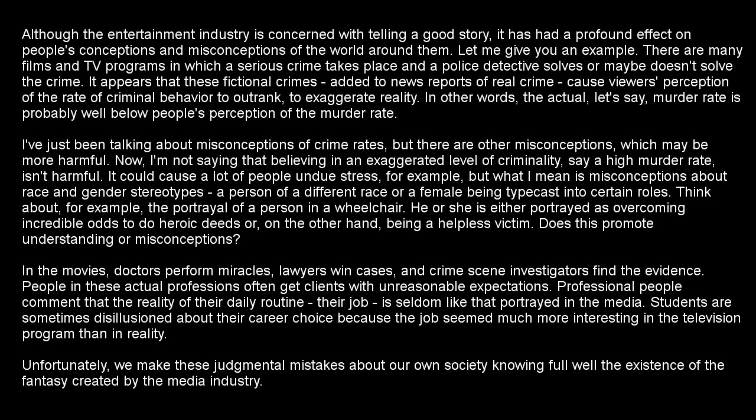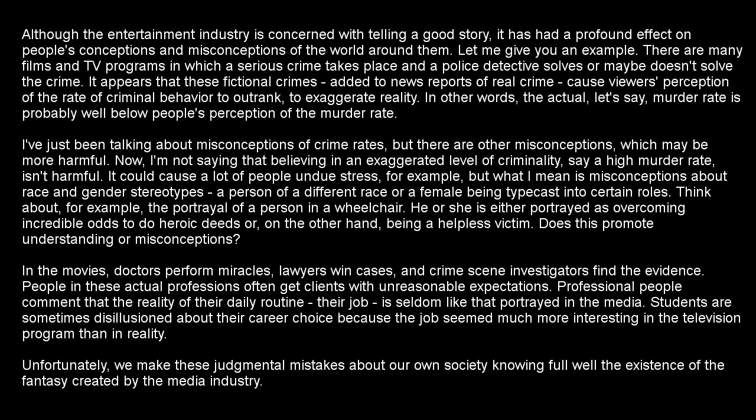In the movies, doctors perform miracles, lawyers win cases, and crime scene investigators find the evidence. People in these actual professions often get clients with unreasonable expectations. Professional people comment that the reality of their daily routine, their job, is seldom like that portrayed in the media.